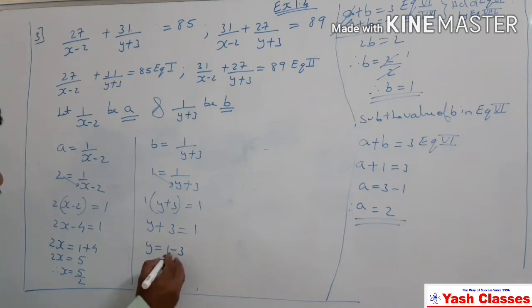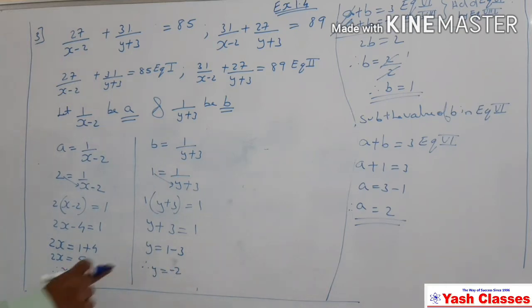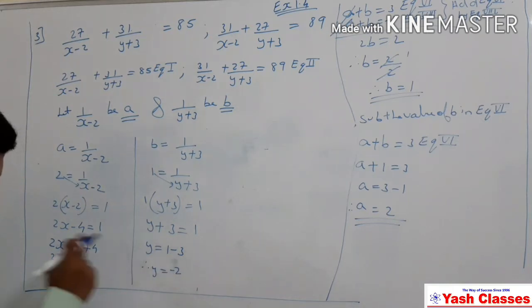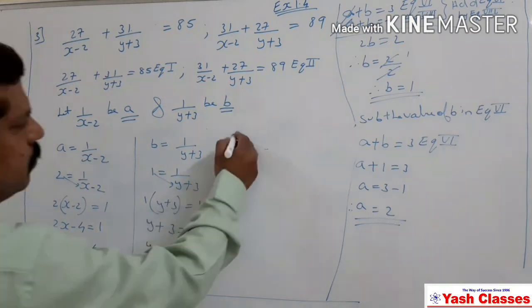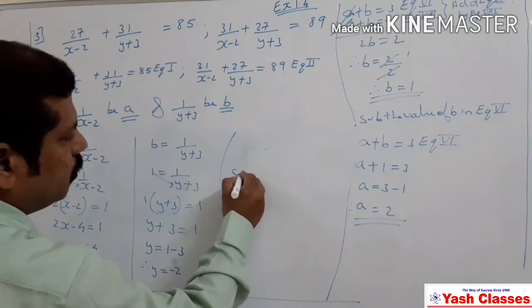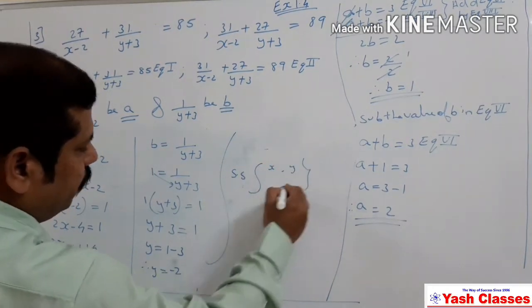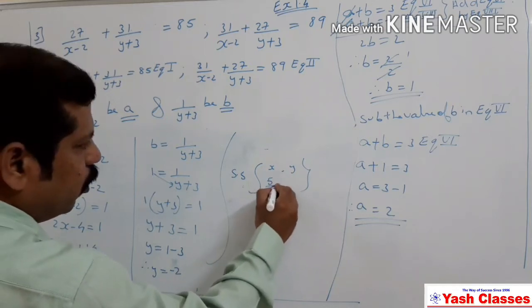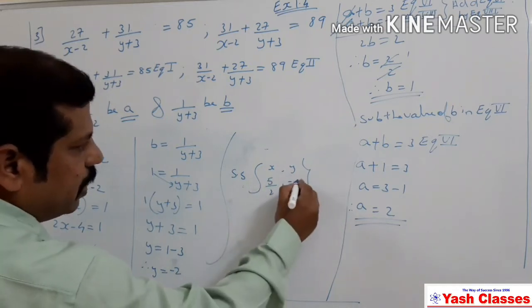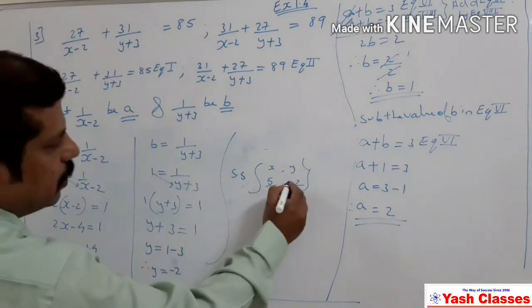Therefore y is equal to how much? 1 minus 3 is 2, and the bigger number has the minus sign, so minus 2. Therefore the solution set is x and y: x is 5 upon 2 and y is minus 2.